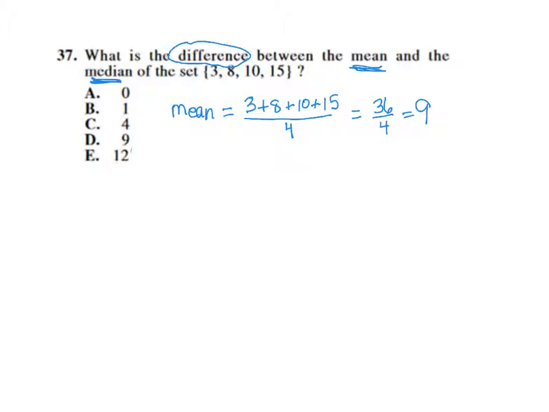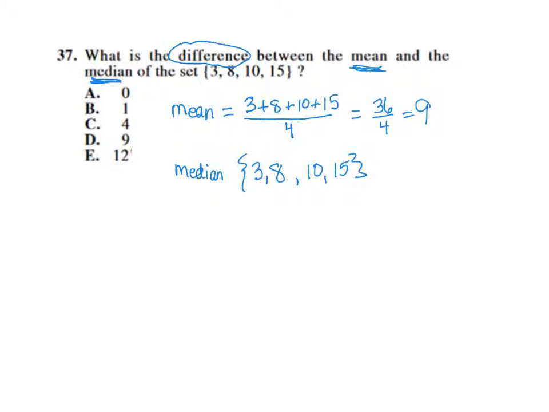So now we just need to find the median. The median is the number in the exact middle of the data: 3, 8, 10, and 15.